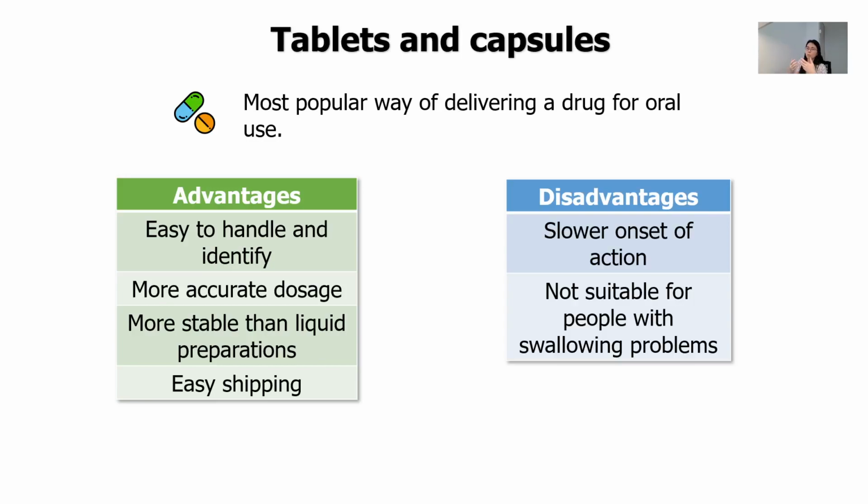They don't have to go through disintegration, dissolving, etc. Tablets and capsules are also not suitable for patients with swallowing problems. Oral solutions will be a much better option for patients with swallowing problems.